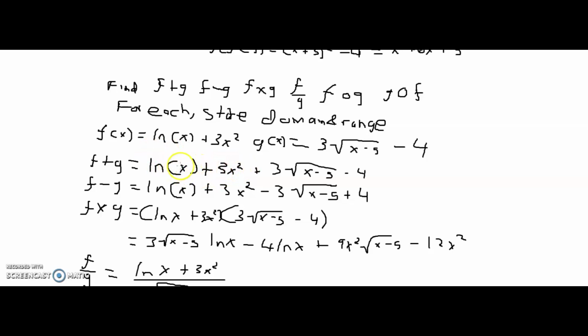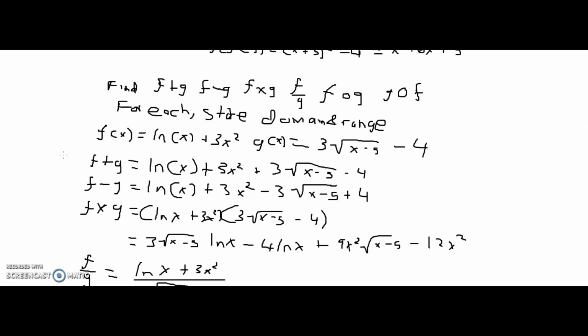here we have natural log, and natural log does have a domain restriction. You cannot take the natural log of 0 or of anything that is less than or equal to 0, because the definition of natural log is that you're raising e to some power and getting a number, and you cannot raise e to any number and get a negative result.